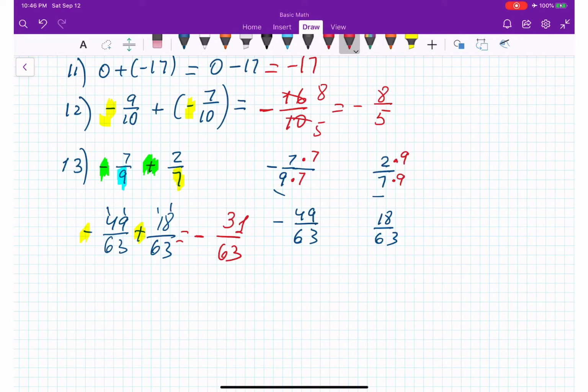What do you think? Remember what we said. Whichever fraction is greater, which fraction is greater, 49 over 63 or 18 over 63? Of course, 49 over 63 is greater, right? Because numerator 49 is greater than 18. So therefore, if we have negative 49 over 63, it's going to be negative.